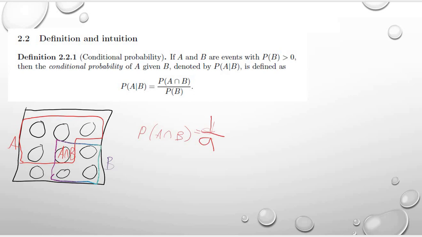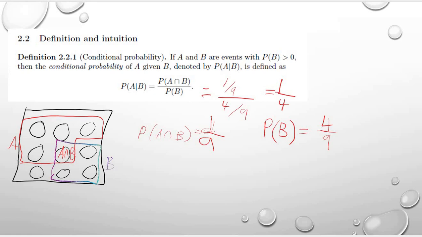We also need the probability that's in the denominator, P of B, and we get that by noticing we have 4 pebbles in B out of the whole sample space of 9. So our probability of B is 4/9. And if we stick these numbers into here, we see our numerator is 1/9, and our denominator is 4/9, and therefore our conditional probability of A given B is equal to 1/4.